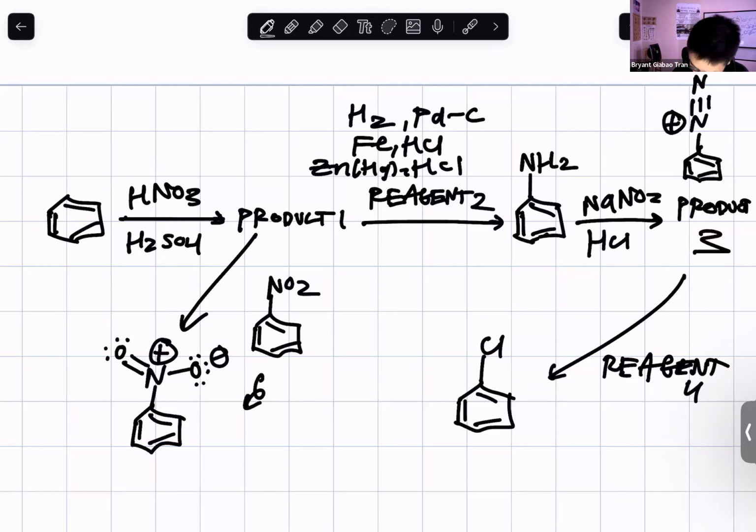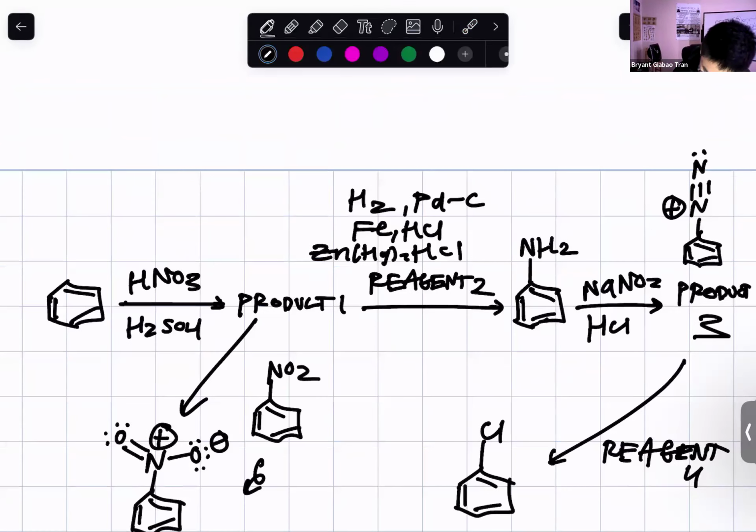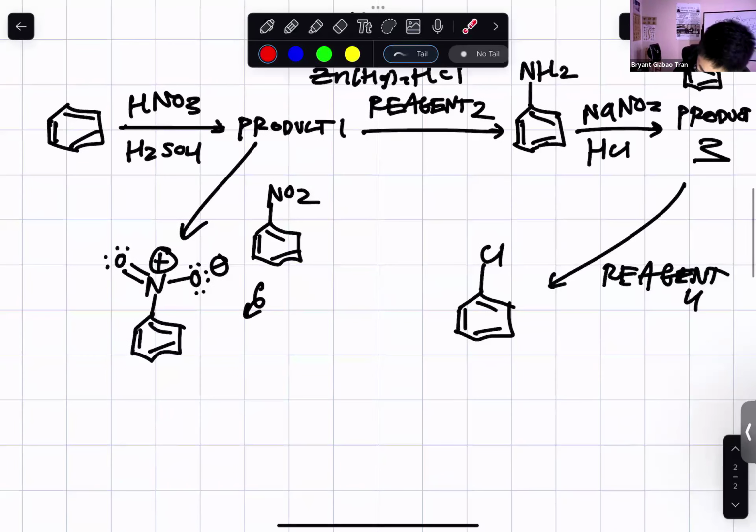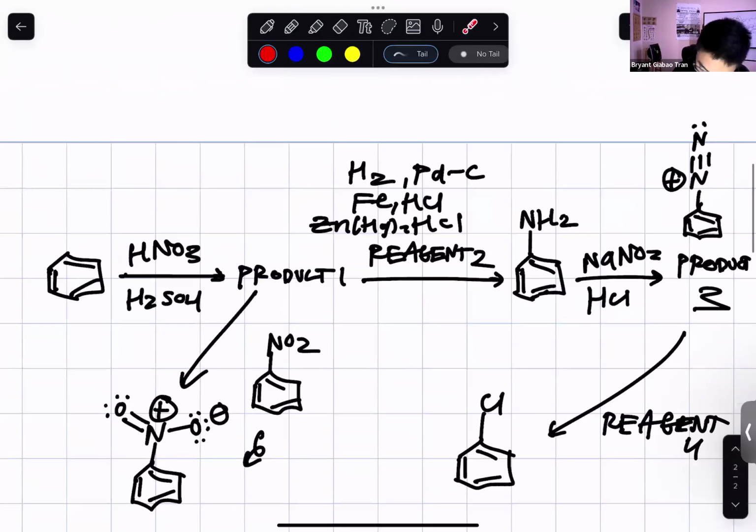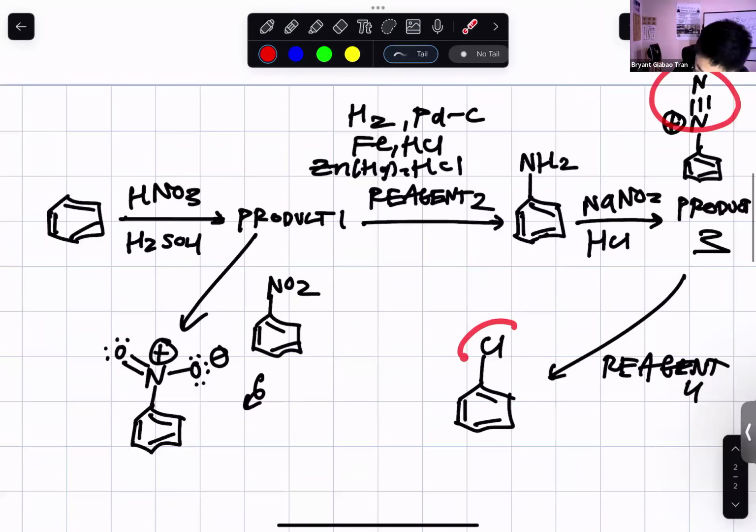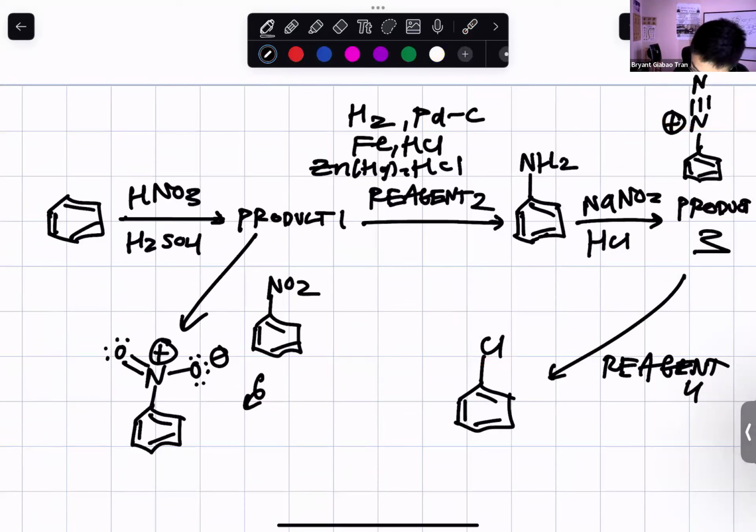And then the nitrogen on top has one pair of electrons, which is one of the best leaving groups we have. So we could react it with a lot of reagents to substitute that leaving group. We'll need a nucleophile, and the nucleophile here is chlorine. So to do that, we have to use something like CuCl, HCl.